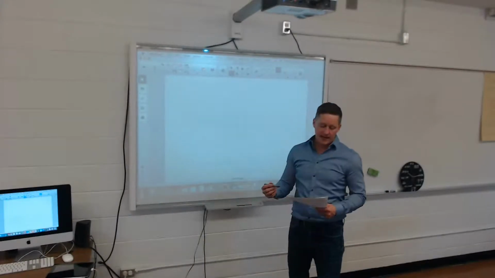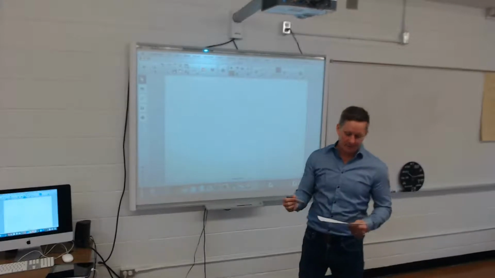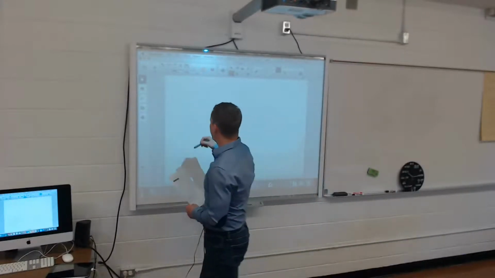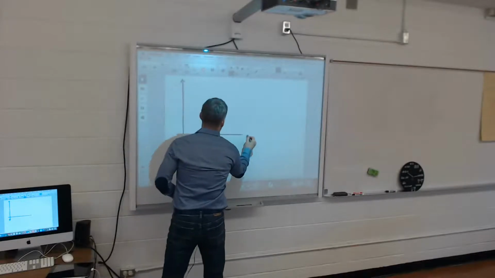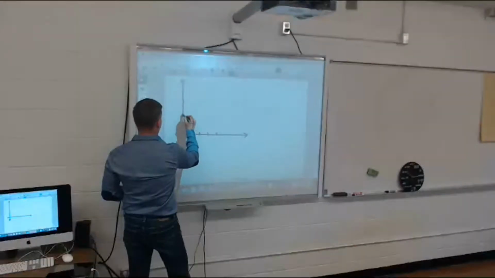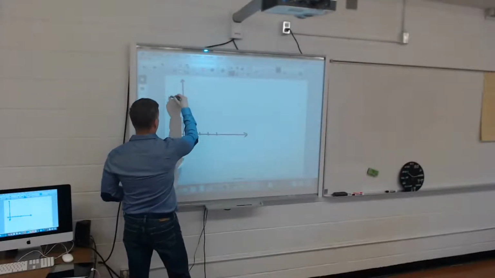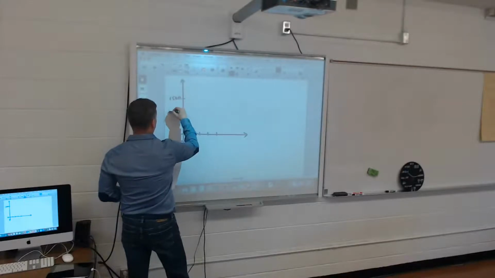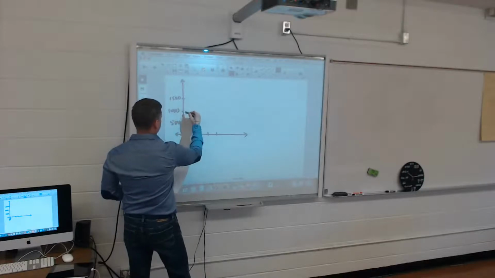Okay. So again, you could find the slope between the coordinates, or you could graph it. And if you were to graph it, you would see the same as what they have here. So at 0 years, you're at 1,000.